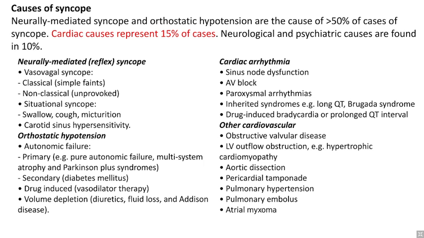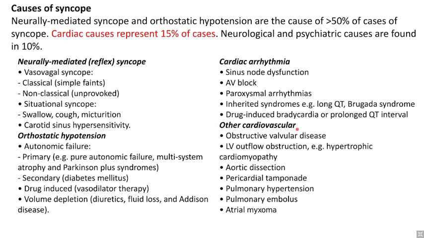Causes of syncope. Not only bradycardia is the main cause of syncope, and very often we see neurally mediated reflex syncope and orthostatic hypotension as causes for syncope. Cardiac causes represent only 15% of all causes of syncope.